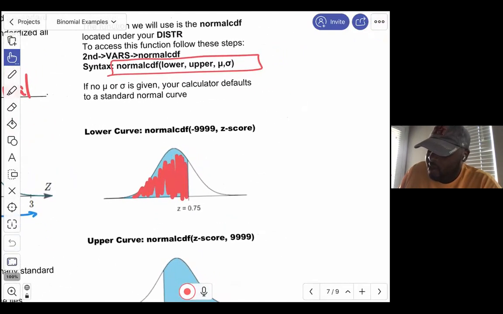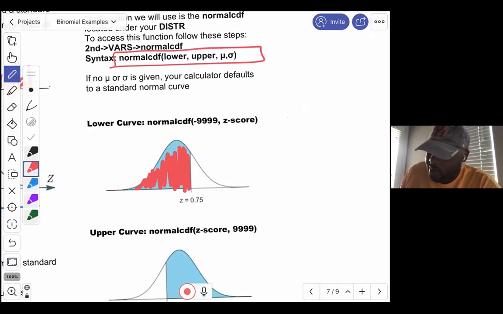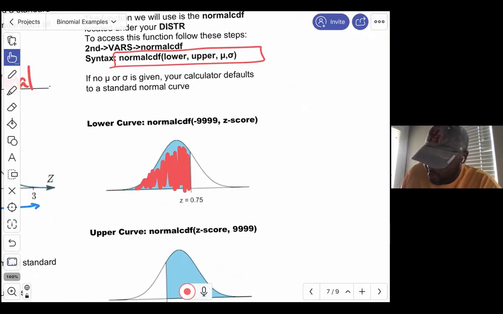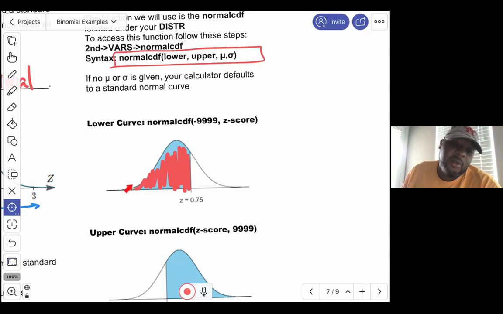So when we set this up, here's how this works though. The shading always goes, on the left-hand side for instance, to where the leftmost shading is. Well, technically this tail runs forever, so it'll be negative infinity.